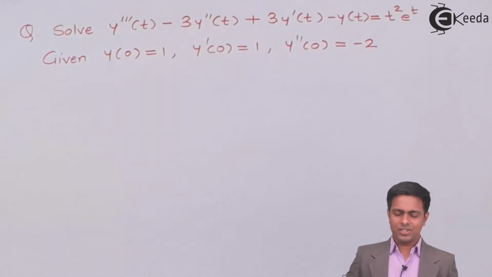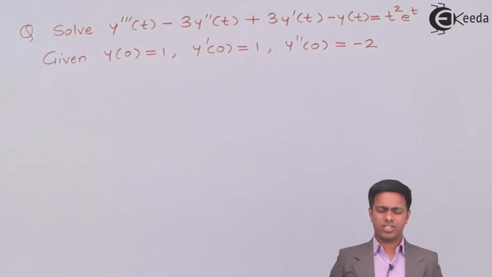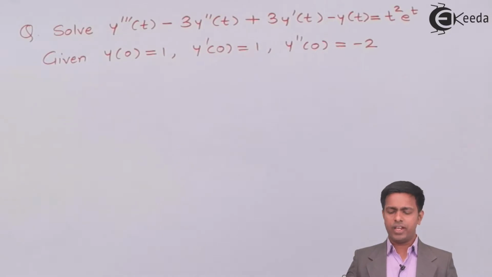So let's start. Here I've shown you a few steps in the previous problem, so I'm gonna follow the same steps. Step number 1 says that we have to take the Laplace transform on both sides of the given differential equation.